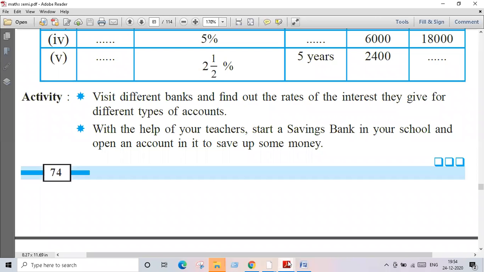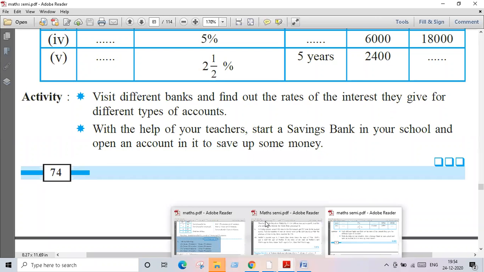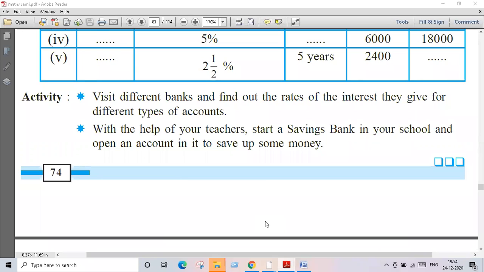Question number 4. We have to find out principal P. Rate of interest is given, the time is not given. Interest is 6,000 and amount is 18,000 rupees.